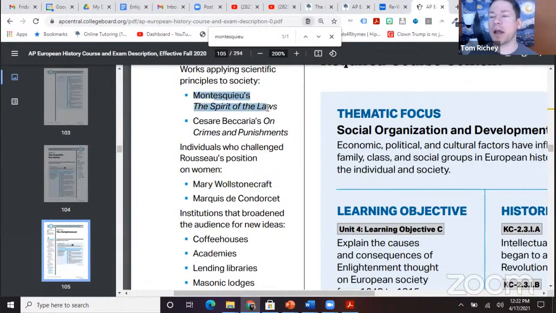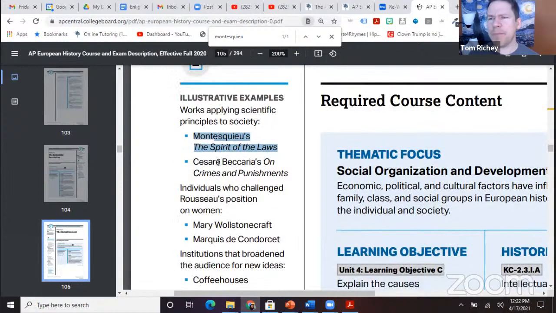So Montesquieu's The Spirit of the Laws would typically be seen more often than Beccaria's On Crimes and Punishments. But then, noting that the Enlightenment was about getting rid of torture as a punishment and a means of admissible evidence. In the United States and the Western world today in general, evidence that was gotten under torture is not admissible.